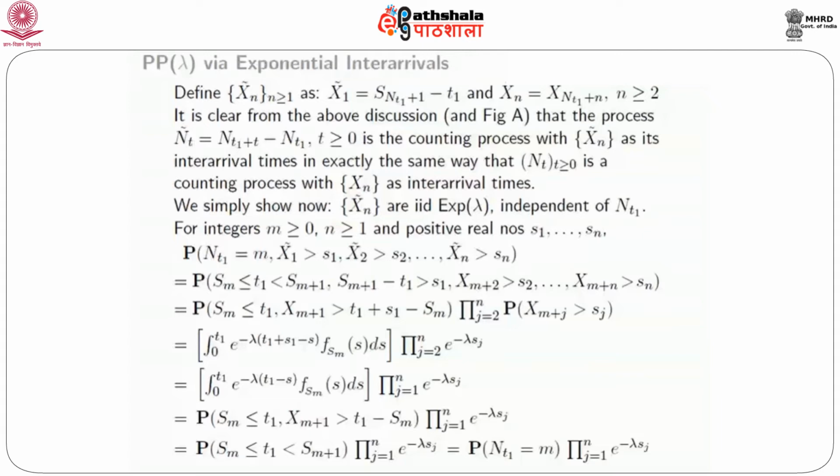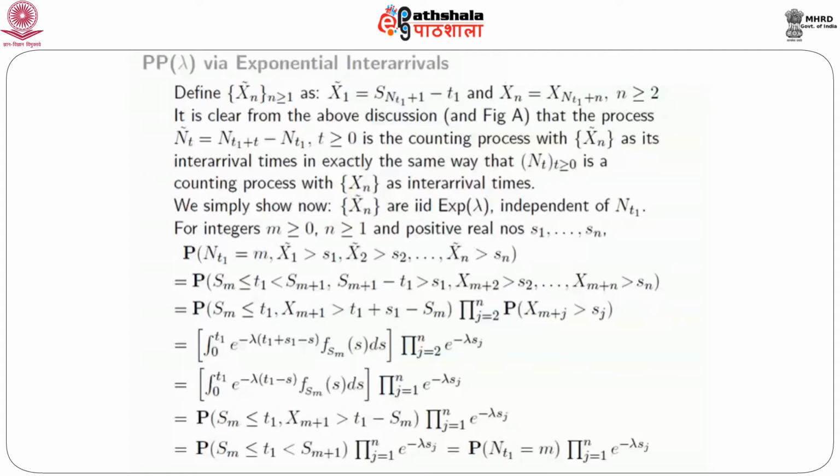We just use f sub S_m for that. We don't need explicitly the form for the density. Then conditioned on S_m being equal to s, the probability that X_{m+1} is greater than t1 plus s1 minus s is e to the power minus lambda times (t1 plus s1 minus s), X_{m+1} being an exponential random variable with parameter lambda.